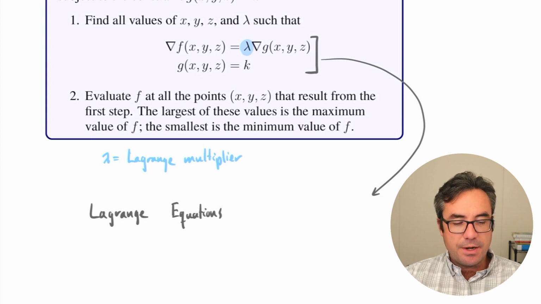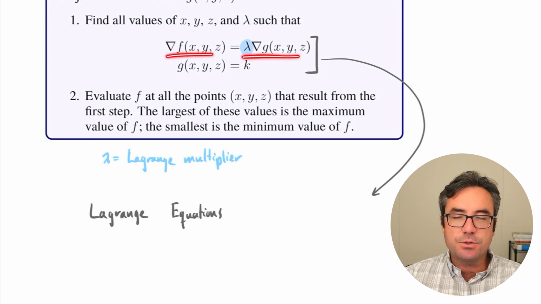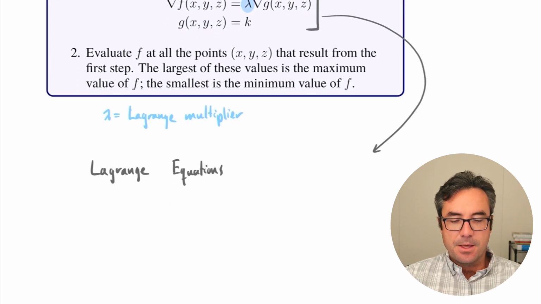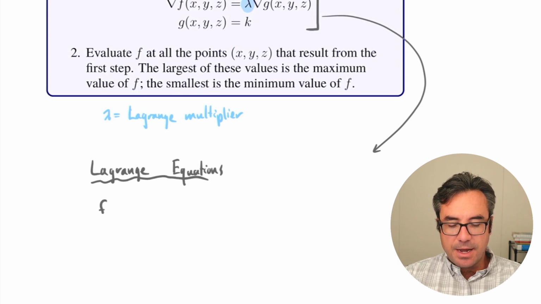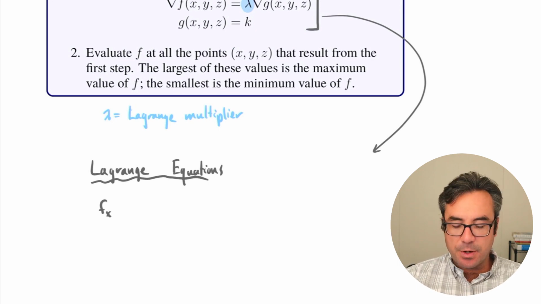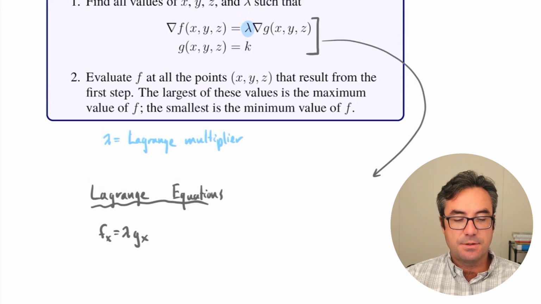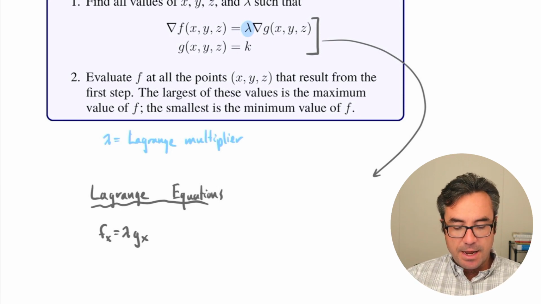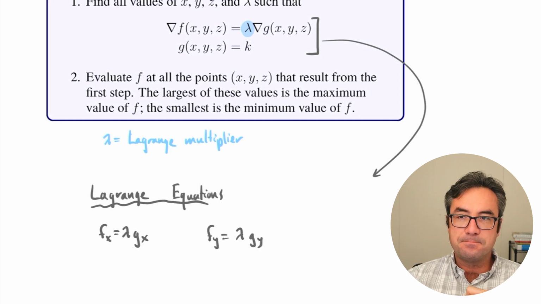The way two vectors are equal to each other is if each of the components are equal to each other. So our Lagrange equations here: we're going to have our x equation that says f partial x is equal to lambda times g partial x. We're getting that from the first component of our gradient equation. Then we're going to have f partial y is equal to lambda times g partial y.